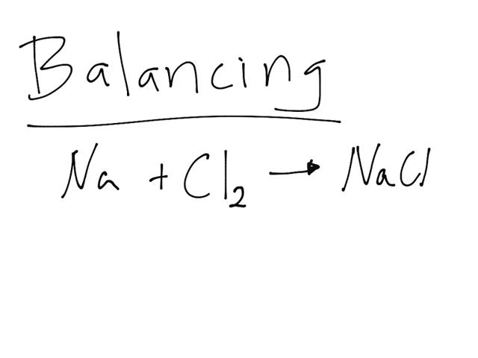So you see here one sodium and one sodium, so that's fine. But suddenly, you notice this little 2 here, and there's only one chlorine here. So what you want to do is put a 2 here. So you'll have two chlorines and two chlorines. But then you'll have two sodiums and one sodium. So all you do is put another 2 here. And that is how you balance an equation.